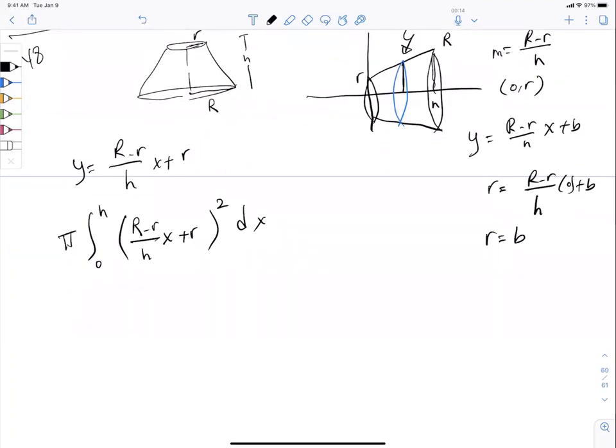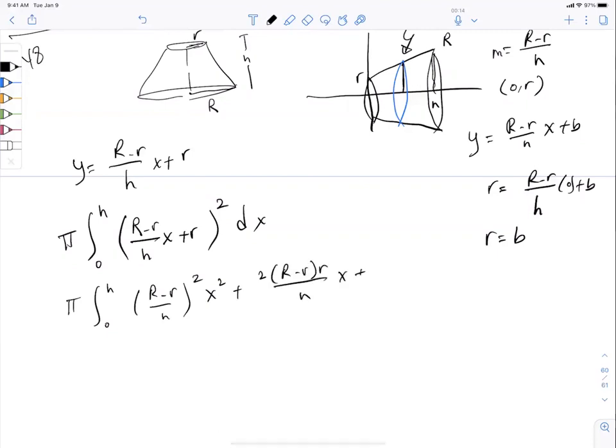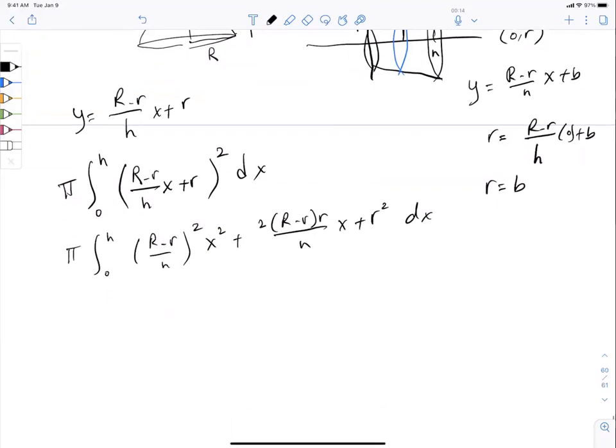And you can just square it, integrate it, and so forth. Students don't like it because you have to do a lot of algebraic expressions here, and it's not always friendly. But remember, capital R, lowercase r, and h are constants here. And then you calculate that.